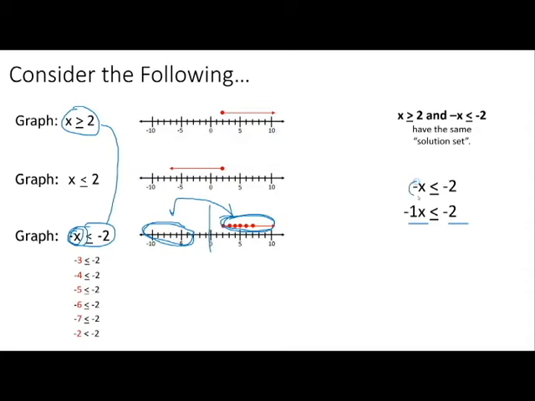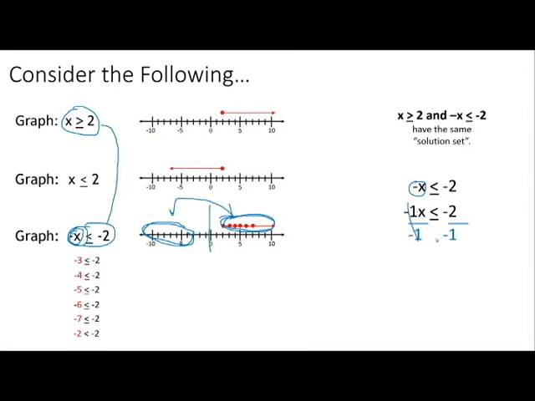So, since I have a negative x, the identity property says that's the same as 1 times x. The identity property says times 1 doesn't do anything. And if I want to get rid of a times negative 1, I can divide both sides by negative 1. Remember, anything divided by itself becomes a 1, causing this to go away.